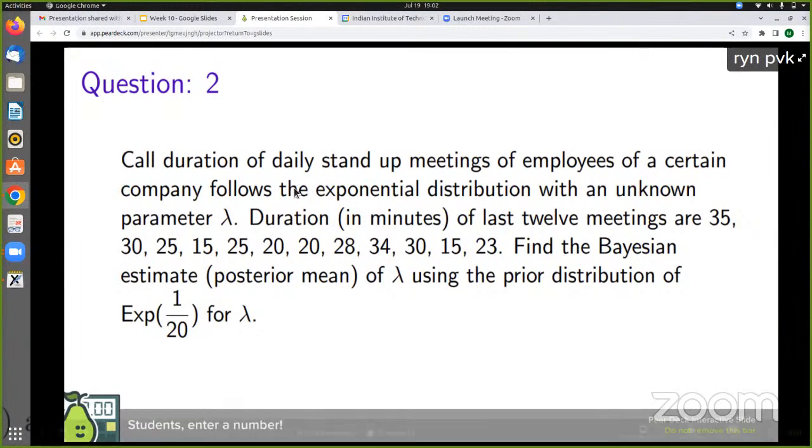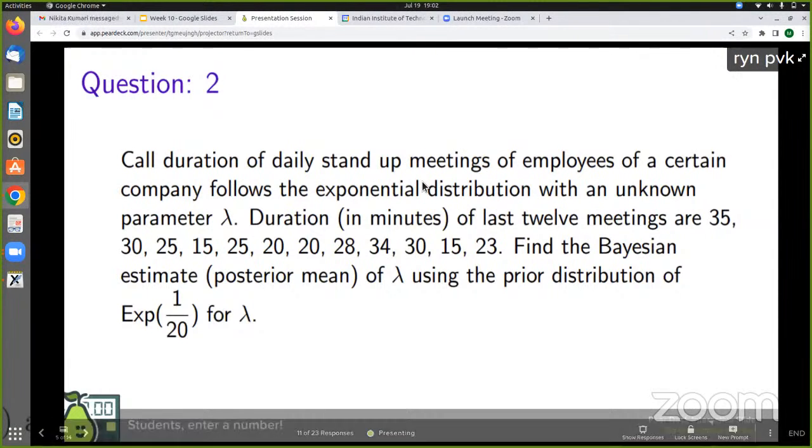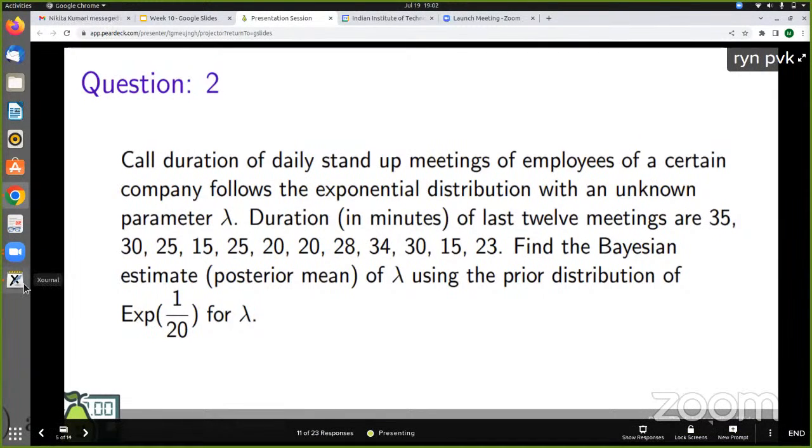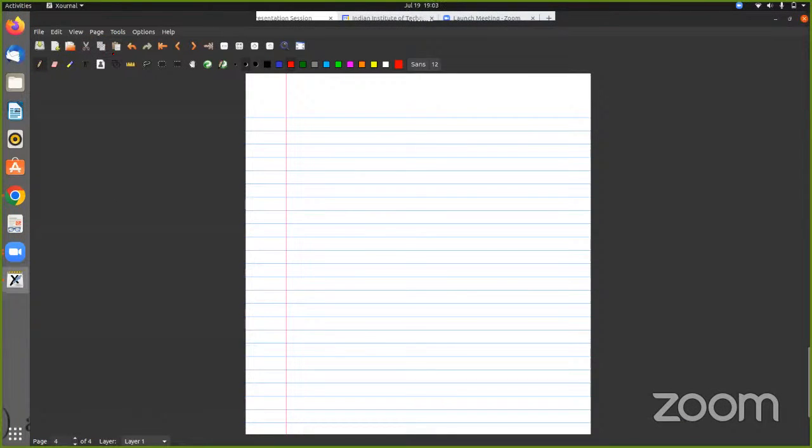So we have 12 samples here, right? And each of them has a distribution which is what? Exponential. Correct? Sometimes small x is a single sample, and sometimes it is a set of samples.